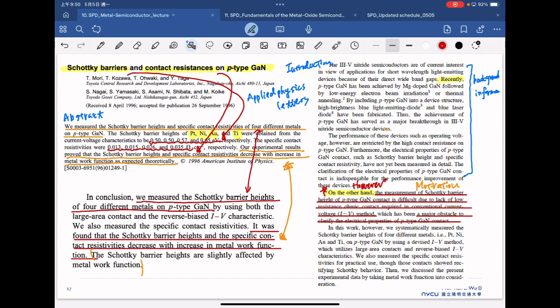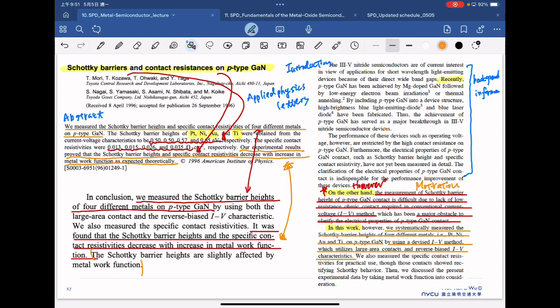After the motivation, finally, we illustrate the main goal for this work. There's a keyword here: in this work. Finally, we explain what we do to address this motivation: we systematically measure the Schottky barrier height of 4 different metals on P-type gallium nitride, using the IV method, which utilizes the large area contact and reverse bias IV characteristic.